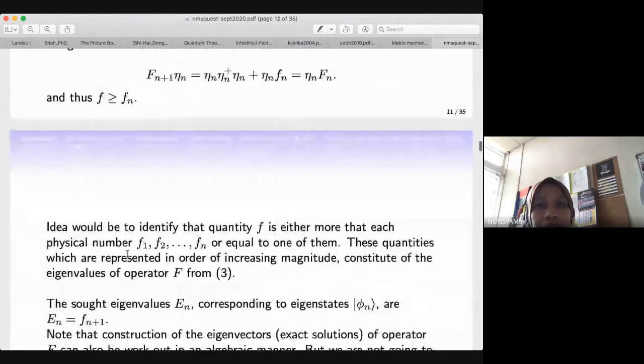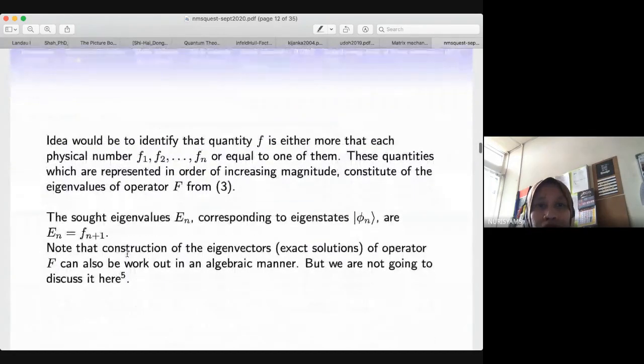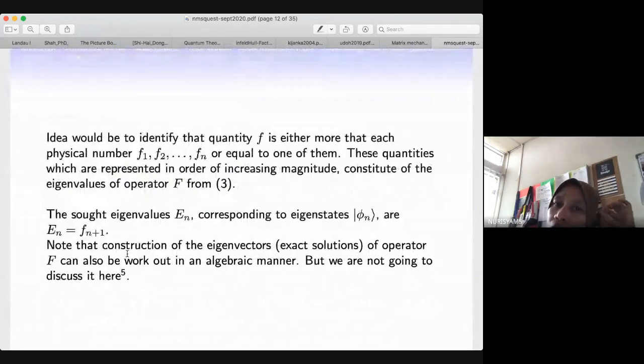The general idea would be the following. You want to identify that the quantity F is either more than each physical number F_n or equal to one of them. These quantities, represented in order of increasing magnitude, will constitute the eigenvalues of operator F. So this is from equation 3.